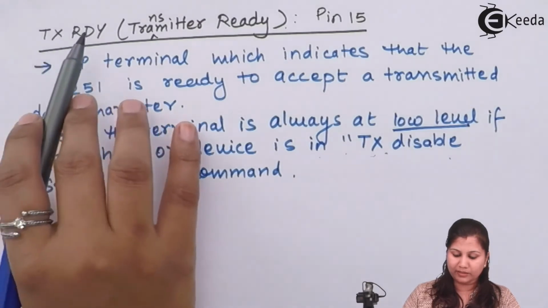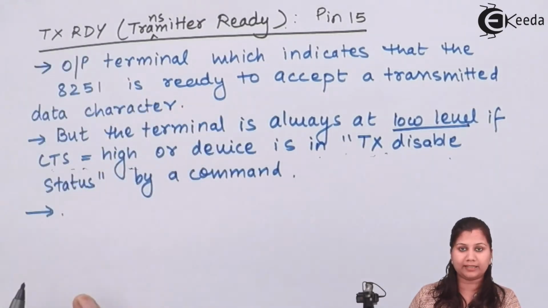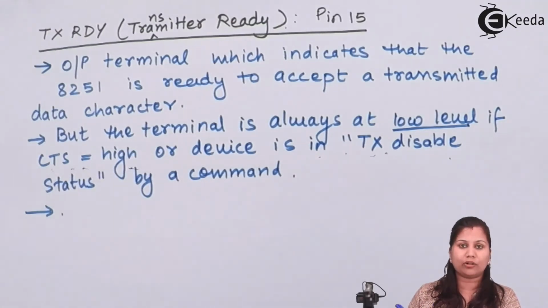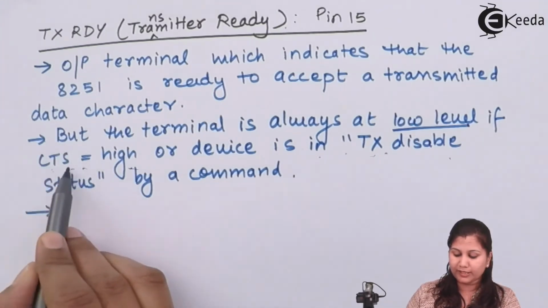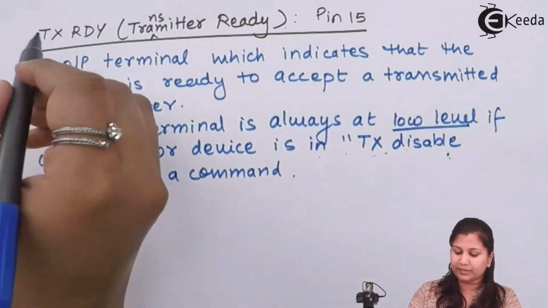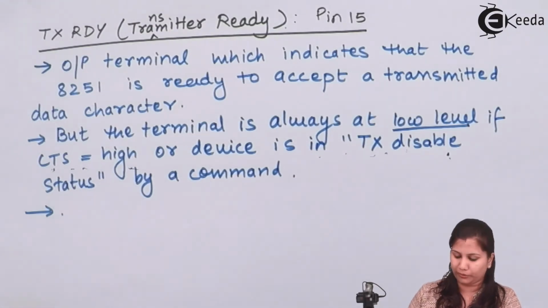Now this transmitter ready signal is indicating whether the transmit data character can be received or not, regardless of the status of this CTS and this TX disable command. This is just indicating whether the transmitted data is receivable by the 8251 or not.